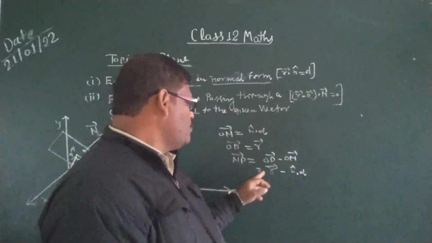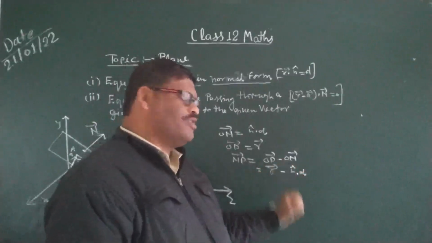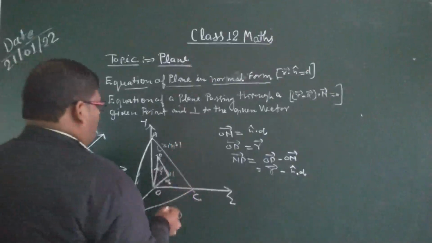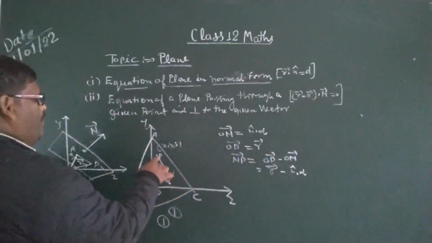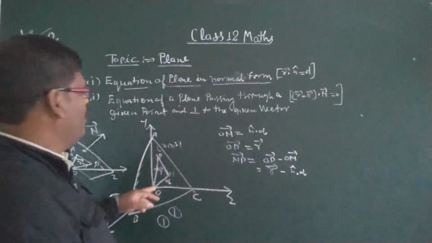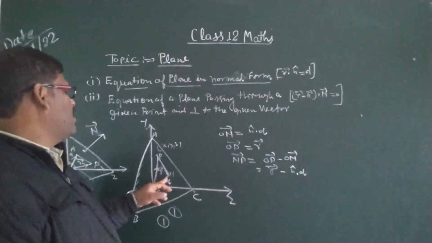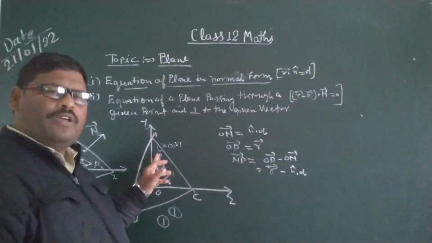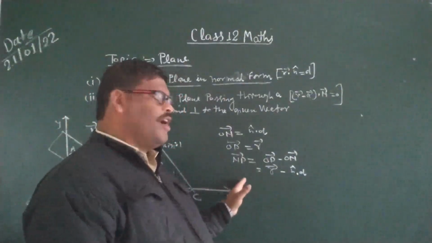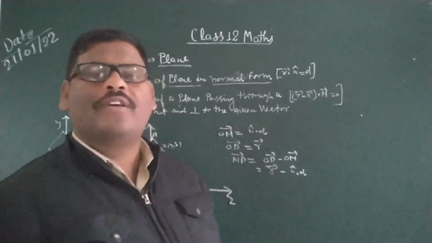Now vector (R minus n cap) dot D implies that vector NP is perpendicular to the vector ON. You know that the dot product of perpendicular vectors will be 0.